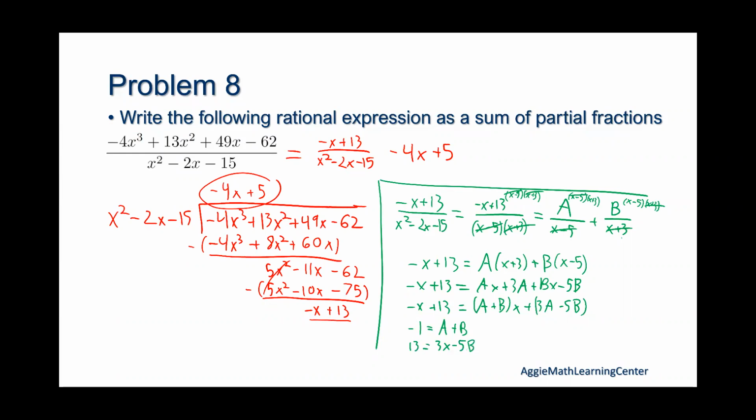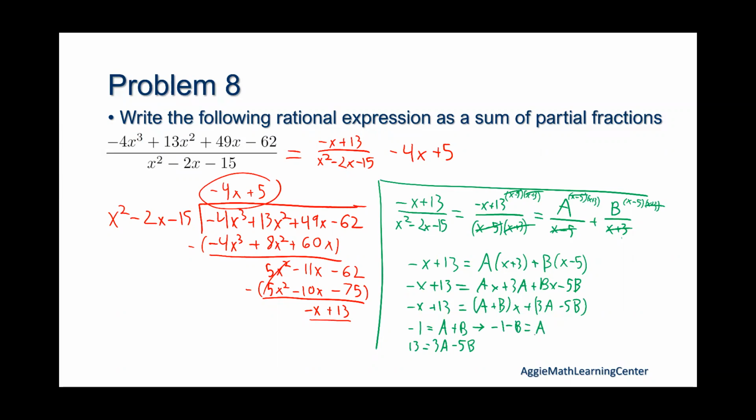Okay, so now we're going to take this top equation and isolate one of the variables. Doesn't matter which one. Sorry, that's 3a. I'm just going to choose a because why not? So we're going to have negative 1 minus b equals a.